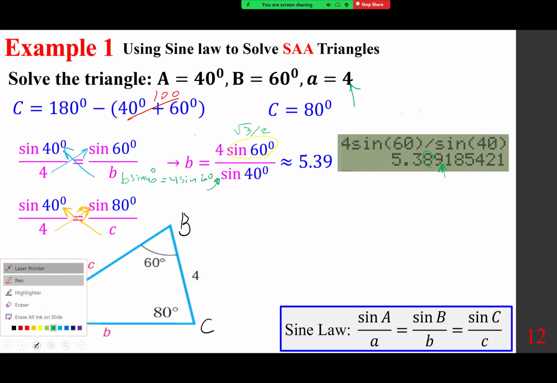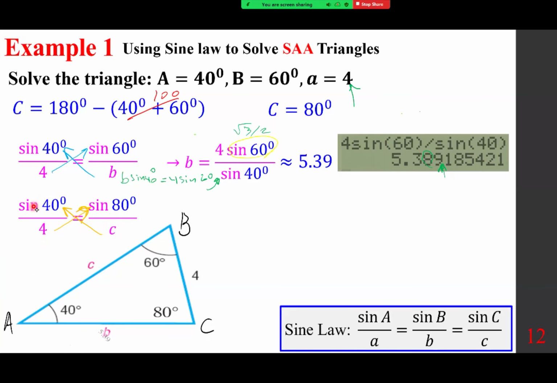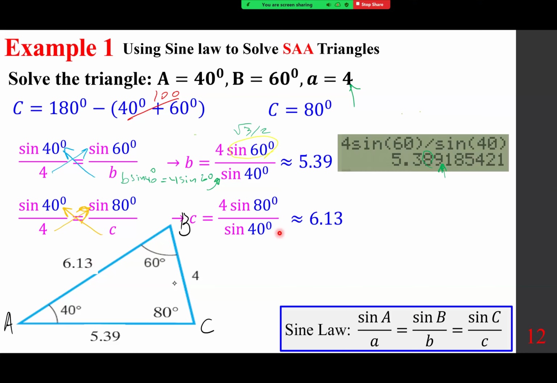Now, the same thing here, 4 times sine 80 equals c times sine 40, so c would be the product of these two divided by this. We put it into a calculator again, and we approximate it with a couple of decimals, and we replace this, and this is a solved triangle with all the answers, everybody.